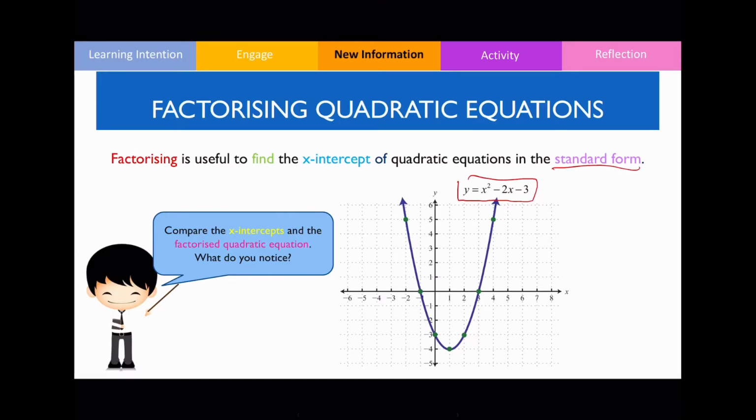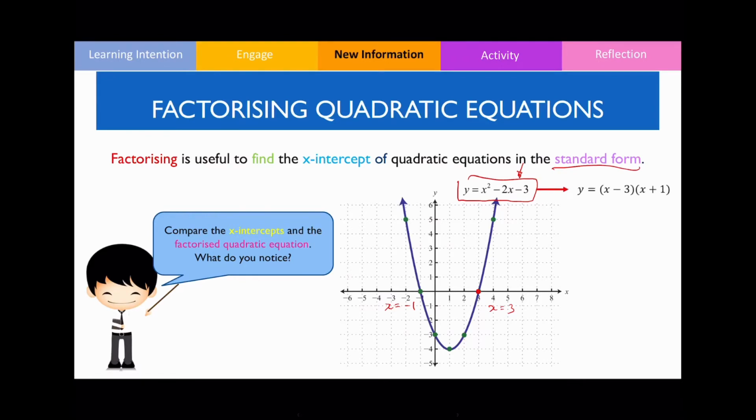Now in this case, we can clearly see on the graph that your x-intercept is equal to 3, so x is equal to 3. We can see that this x-intercept is equal to -1. Now, if I was to factorize this, I'm not going to show you how we do it, but if I was to factorize it, this is what my equation would look like.